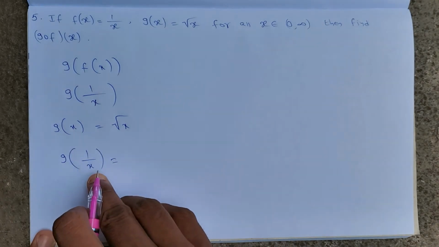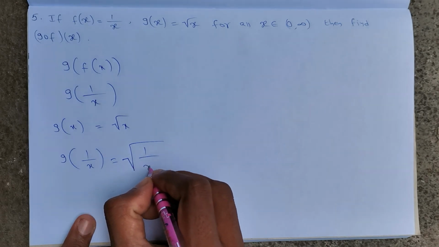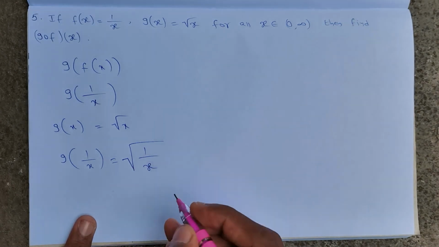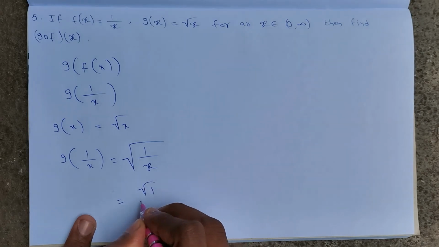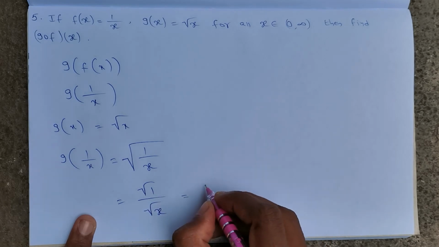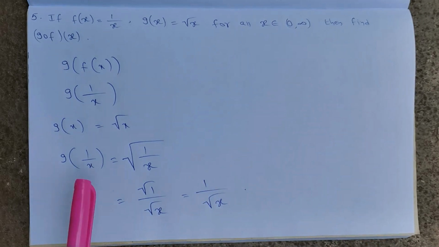So simply in the place of x we need to substitute 1 by x. So we get root here in the place of x 1 by x. Here this root is for numerator as well as for denominator, so if we separate we will get it as root 1 divided by root x. Root 1 is nothing but 1 divided by root x. So the value of g of f of x is 1 by root x.